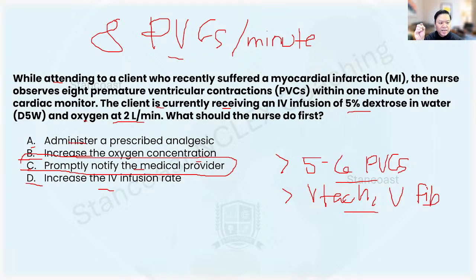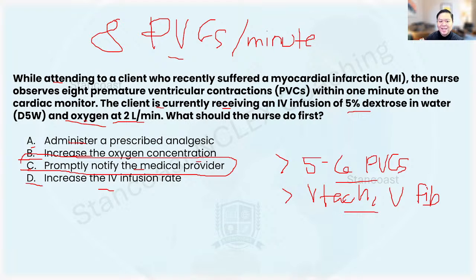Or let's say that the patient needs more O2. We don't really have information that the patient has hypoxemia. Do you see it? I don't think so. I don't see information about low saturation. Is there information that the patient has pain currently? No, we don't have that.